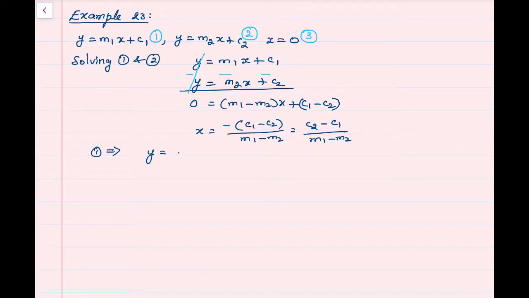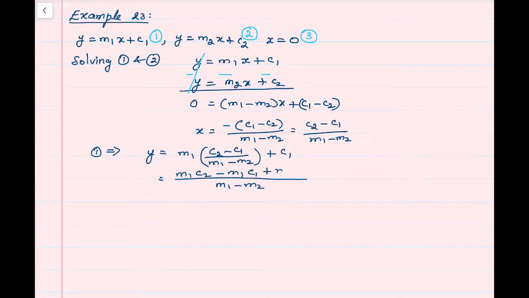We will substitute in the first equation and find the y coordinate. Y is equal to m1 times the x coordinate, which is c2 minus c1 divided by m1 minus m2, plus c1. The LCM is m1 minus m2. The numerator is m1c2 minus m1c1 plus m1c1 minus m2c1.